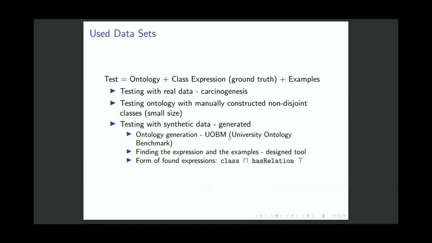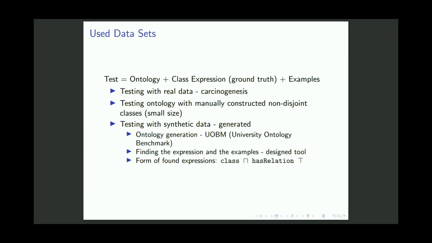So a test is basically an ontology used as background knowledge, some class expressions, one class expression that is like the ground truth, so we know if we found the best one available, and our positive and negative examples. And we did 3 types of testing.